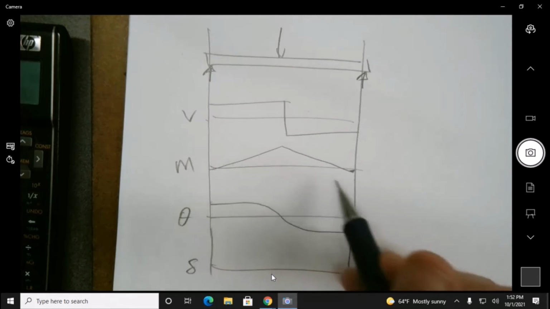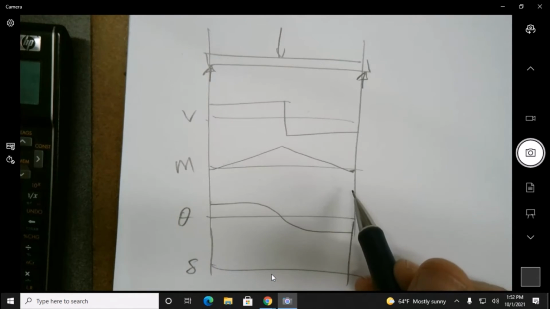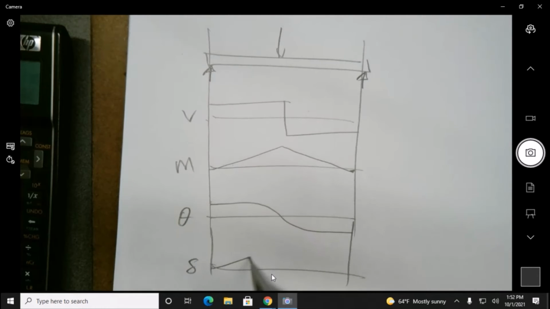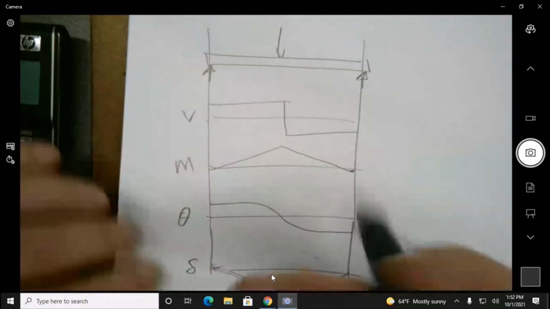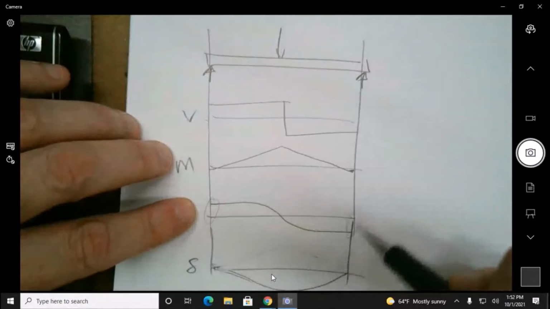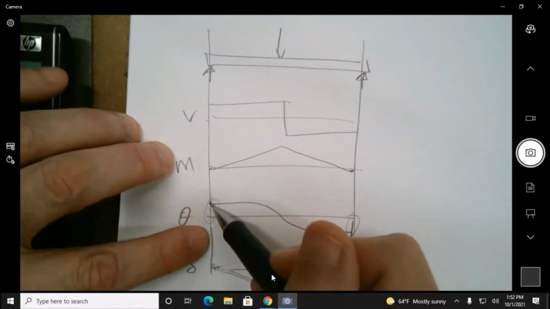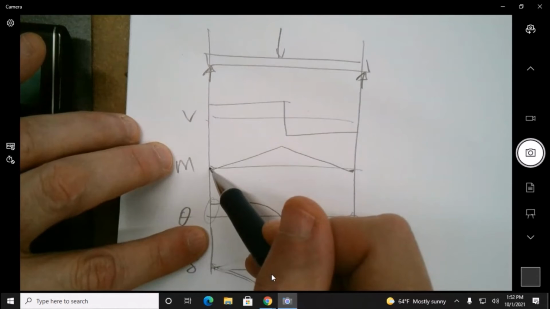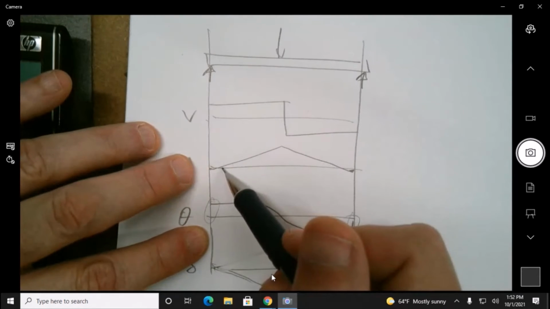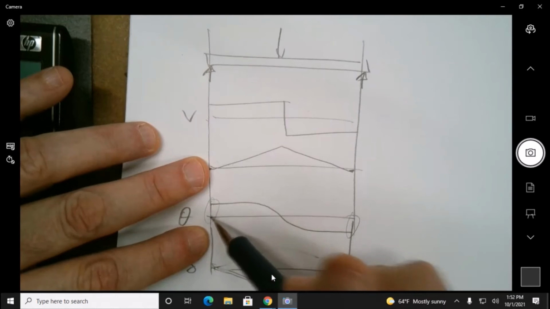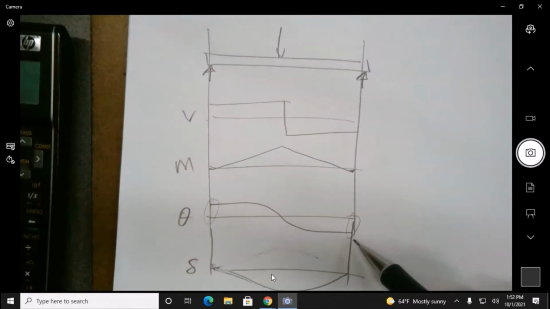I'm trying to think of why. Yeah, that sounds correct, because if it was a distributed load, that would give it, right. I'm just thinking, as I'm coming down here, why is that a value that's so large right there? If I'm integrating from left to right, why would I start right up there?